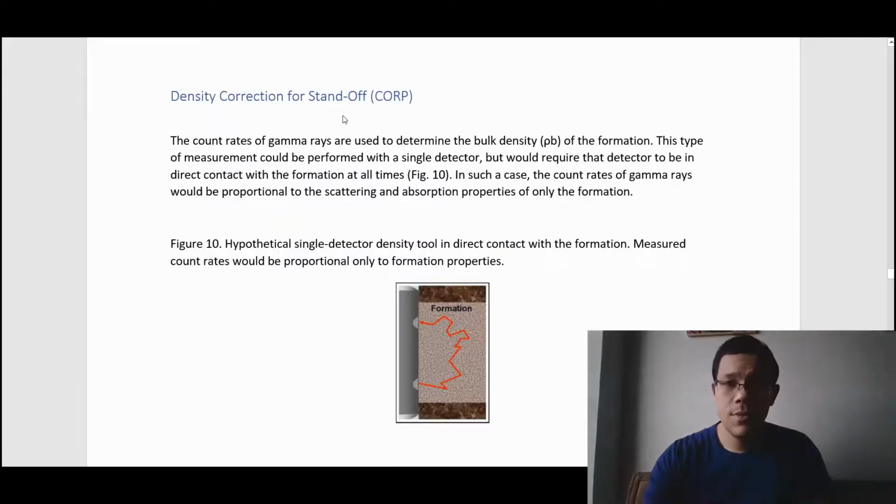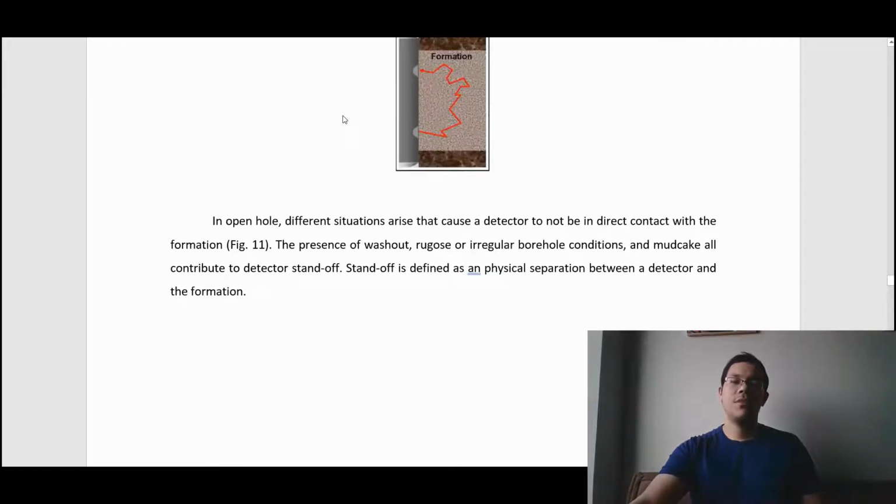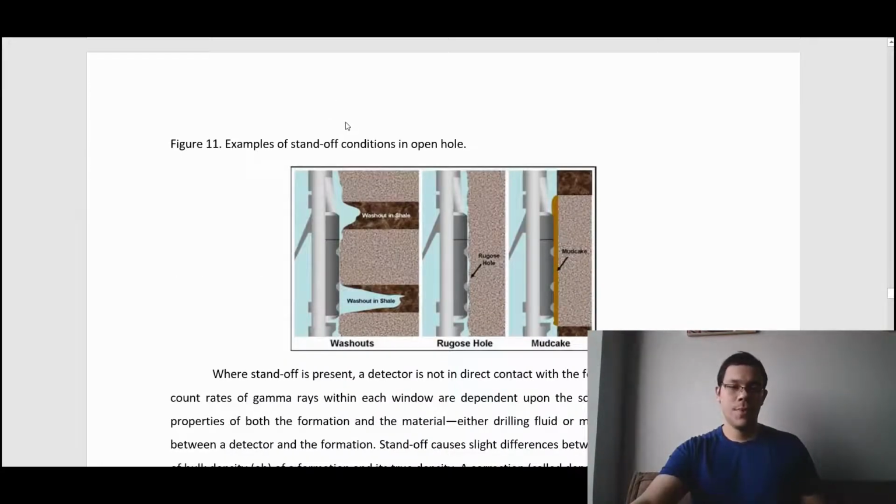Corrections. Corrections are important. Whenever you're presented a density porosity log, you should ask for the corrections, because these things will affect your measurements, like washouts, like mud cake, rugose hole. Remember, your tool should be in direct contact with the formation.